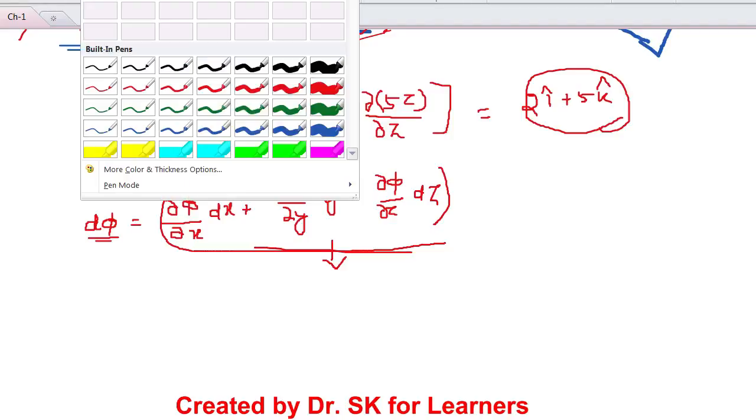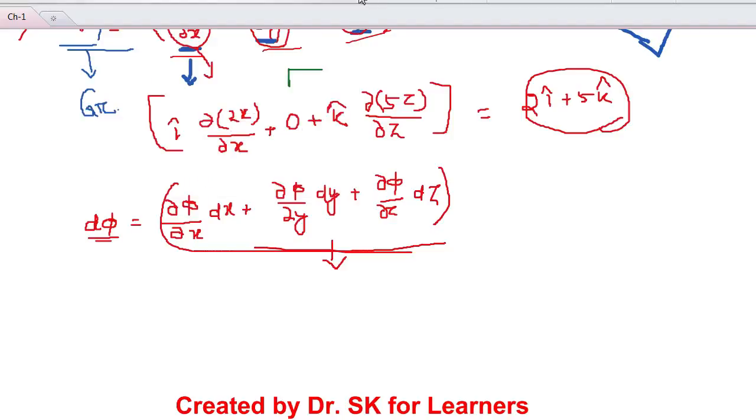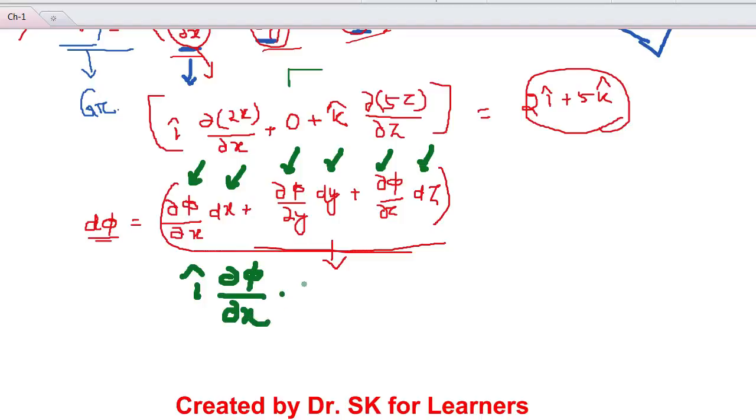If you imagine there are two components, this one and this one, and this one and this one, so if there are two different coefficients multiplied together, you can always write I cap del phi by del x dot I cap dx, and so on.